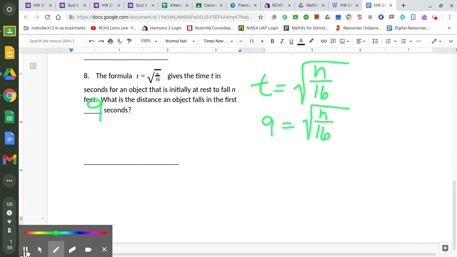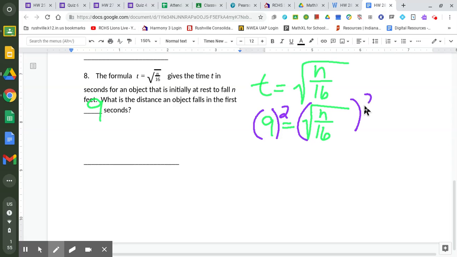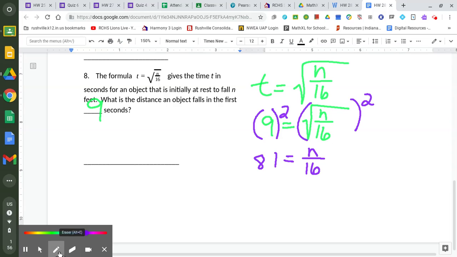My radical is isolated, so I can square both sides of the equal sign. So 9 times 9 is 81. And then when you square a square root, you get rid of the square root box.